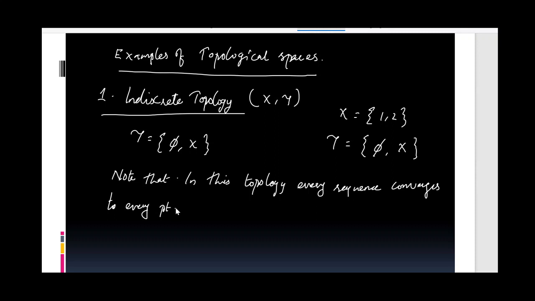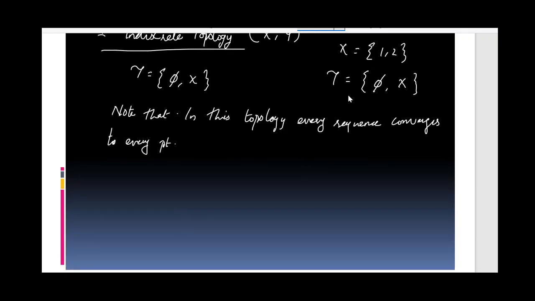Every sequence will converge to every point. Let X equal {1, 2}, and your topology T is the empty set and X. And we take the sequence 2, 2, 2, and so on.